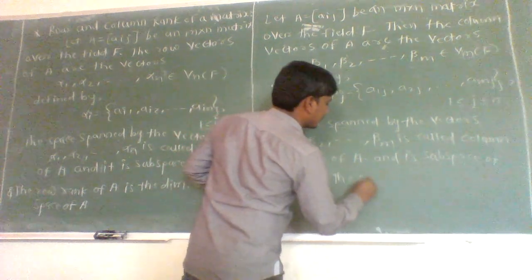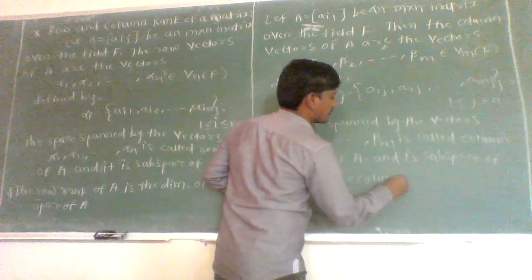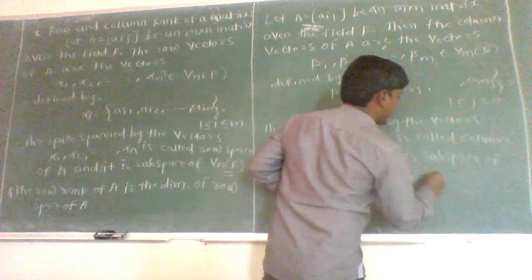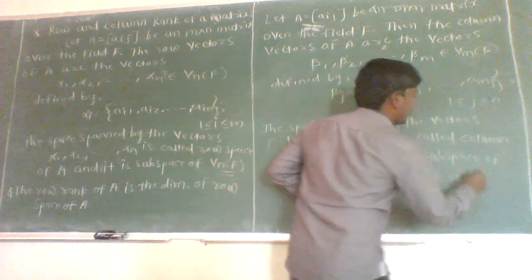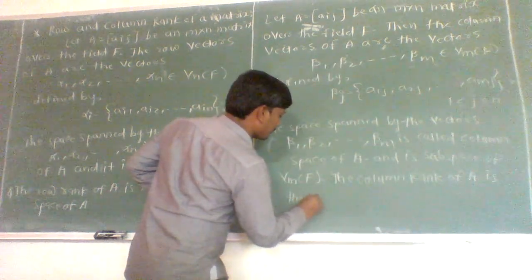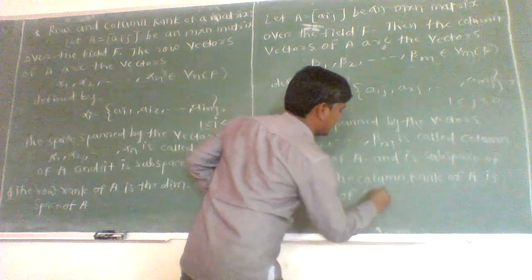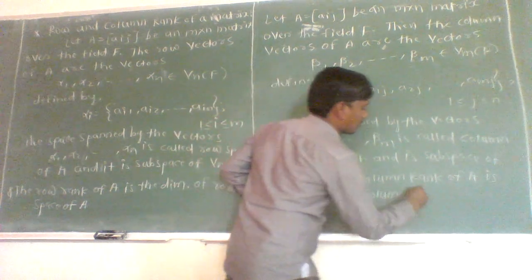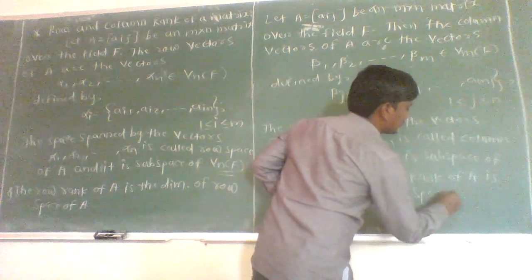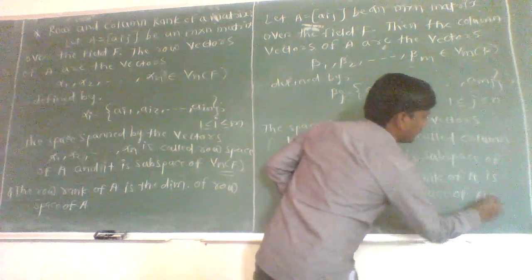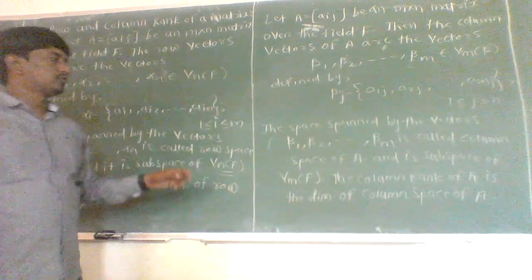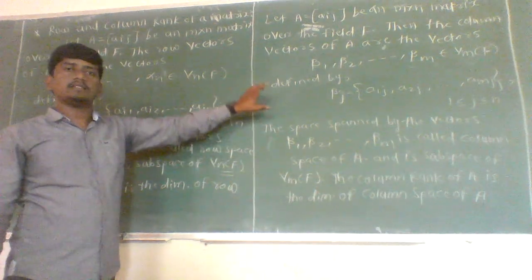The column rank of matrix A is the dimension of the column space of A. So this is the column rank of a matrix A.